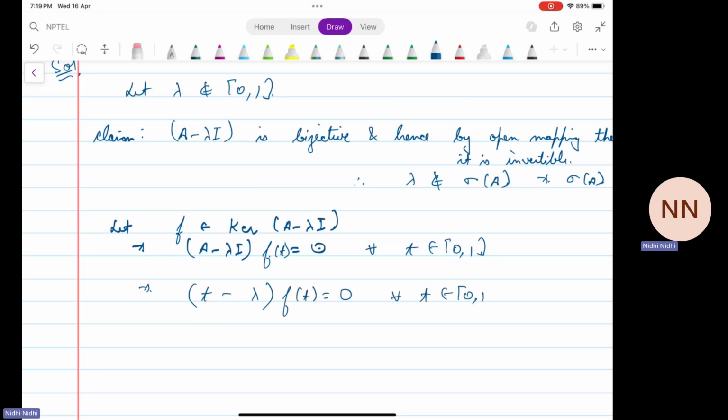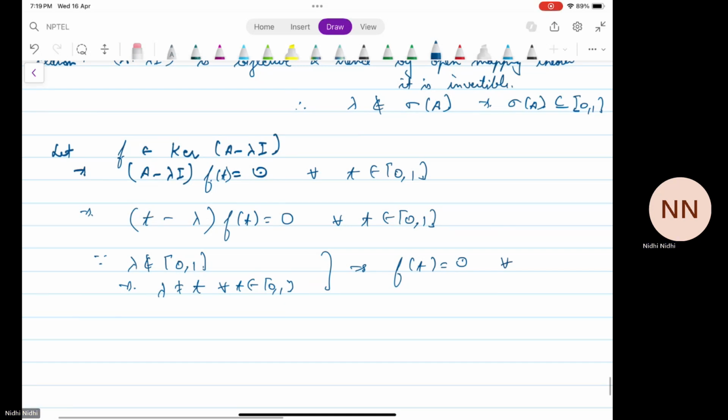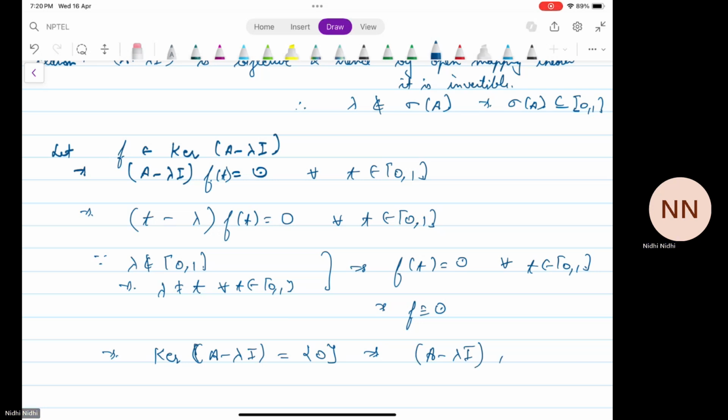Since lambda does not belong to 0 to 1, lambda is not equal to t for every t in closed interval 0 to 1. This implies f(t) should be equal to 0 in order to make this product equal to 0 for every t. That means f is trivially 0. This implies the kernel of A minus lambda I is the singleton 0. This implies A minus lambda I is injective.